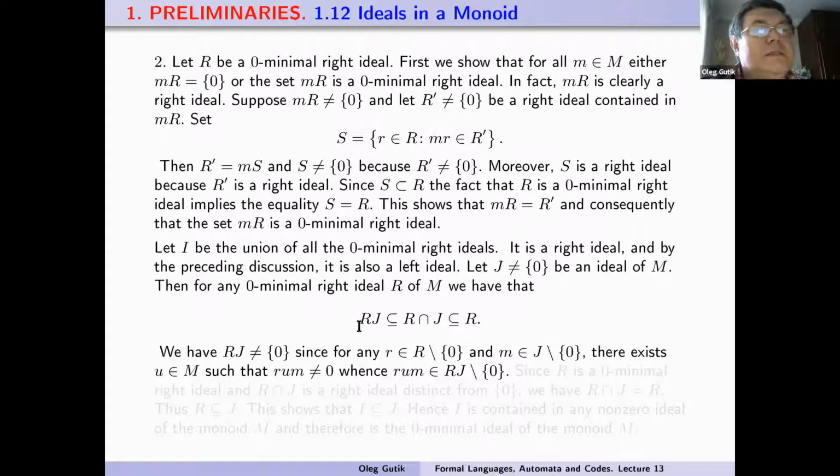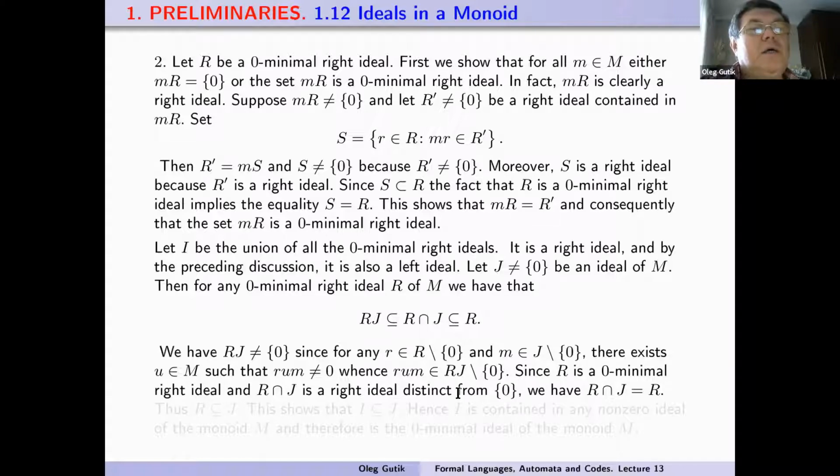We have that R capital multiplied by J capital is not equal to 0, since for any R from R capital without 0 and M in J capital without 0, there exists an element U from the monoid M capital such that RUM is not equal to 0, whence RUM belongs to R capital multiplied by J capital without 0.